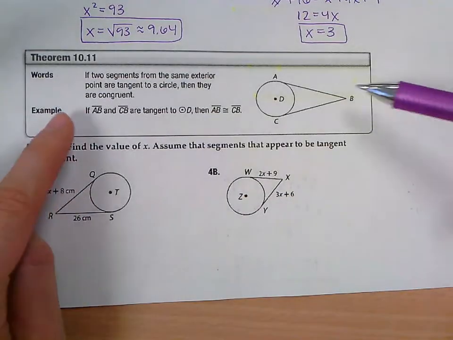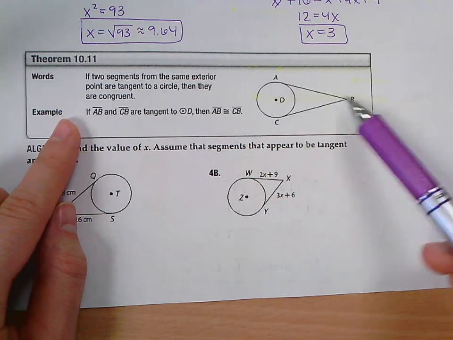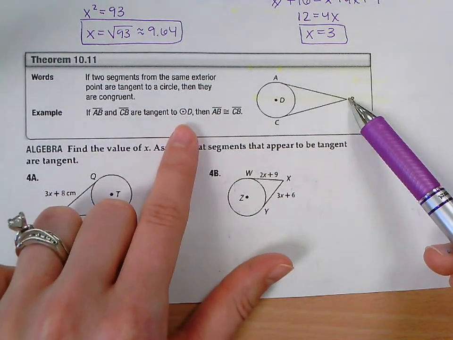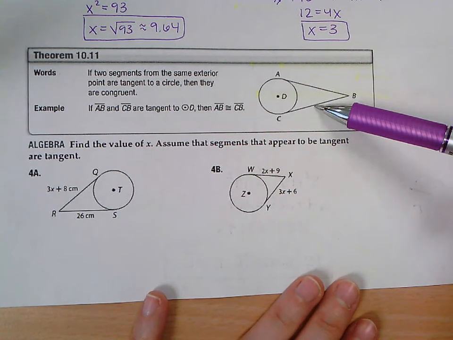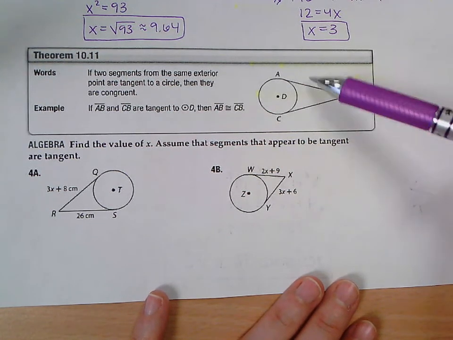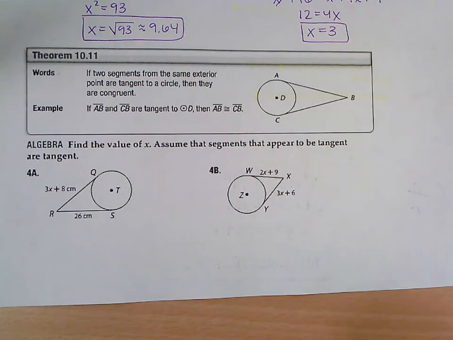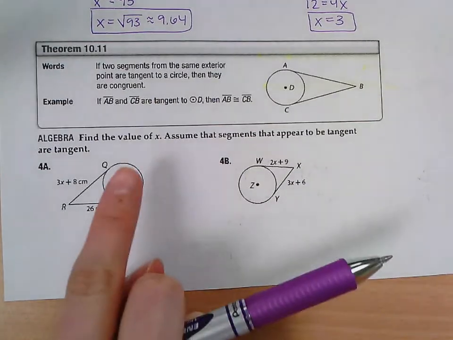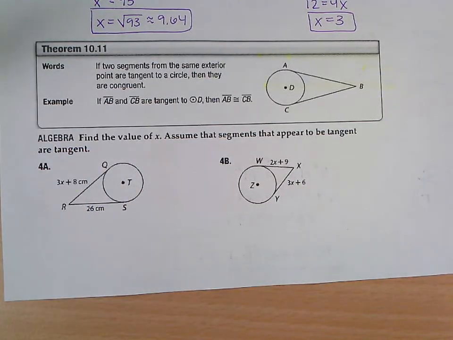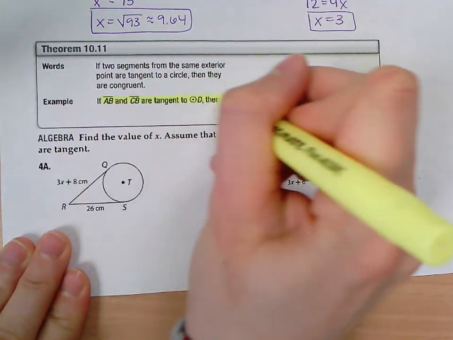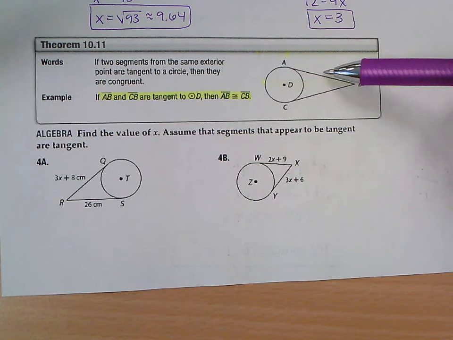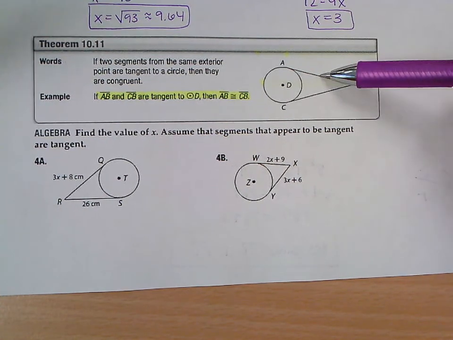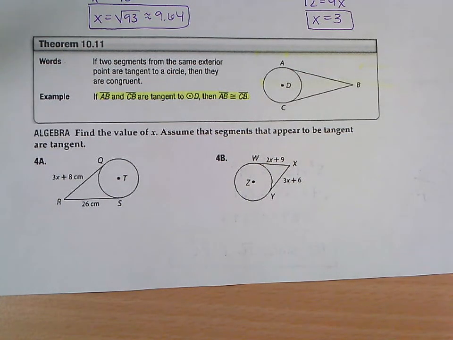So it says if AB and CB are both tangent to circle D, then they must be congruent to each other, but only if they're both tangent. And that goes both ways. So if you're told they're tangent, you know they're congruent. If you know they're congruent, they must both be tangent.